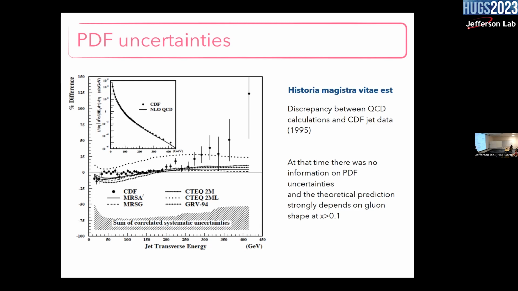So there were tons of papers about new physics and contact interactions. We discover extra dimensions, we discover something. This happened at the Tevatron in 1995. But the only reason for this discrepancy is that at that time there was no information on the particle distribution function and the uncertainty, so we didn't know them in one region.